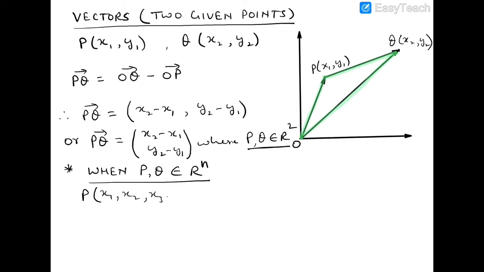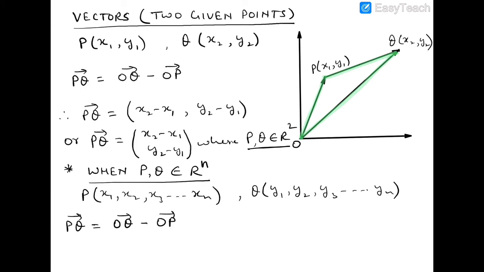So these points will be P(x1, x2, x3 up to xn), and Q will be (y1, y2, y3 up to yn). Then PQ is equal to OQ minus OP. So it will be y1 minus x1, y2 minus x2, y3 minus x3 up to yn minus xn.